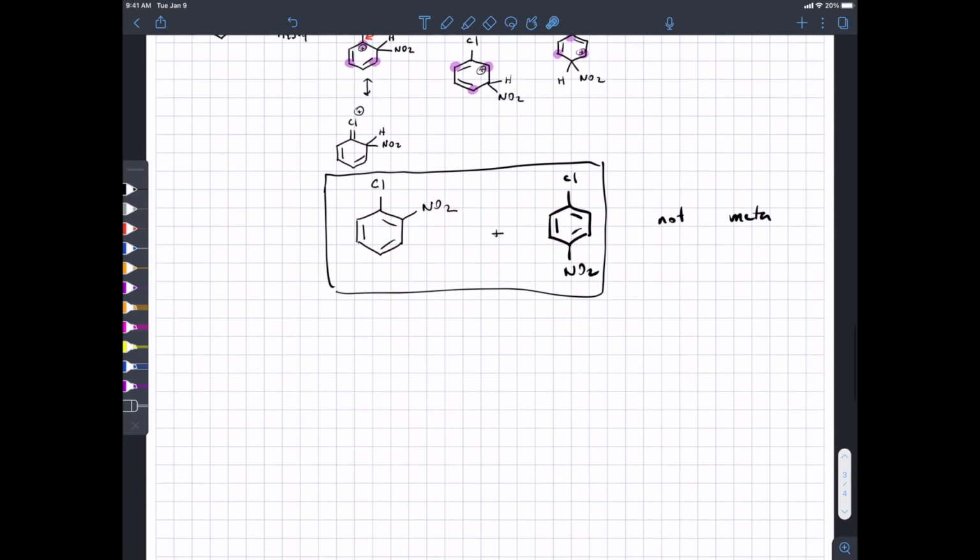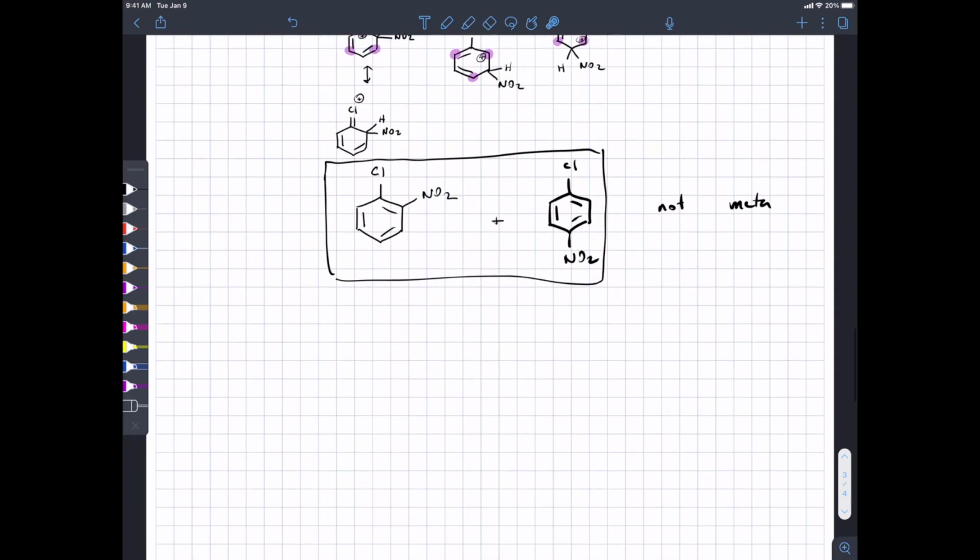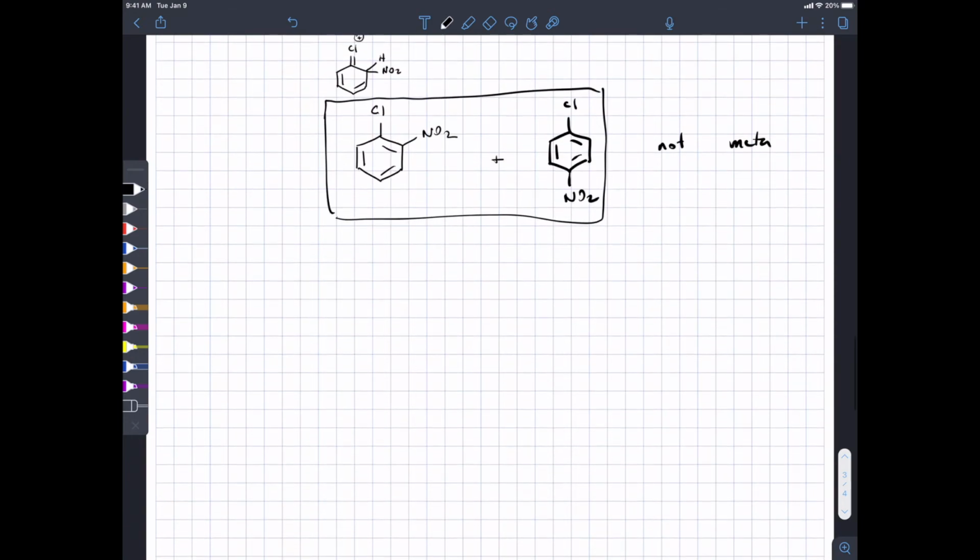All right. So I want to show you a cute little reaction we can do after we install a nitro group. And we're doing this because it's a way to convert what was an electron withdrawing group into a very strong electron donating group. So it turns out that you can use hydrogen and palladium on carbon to reduce the nitro group to an amino group.